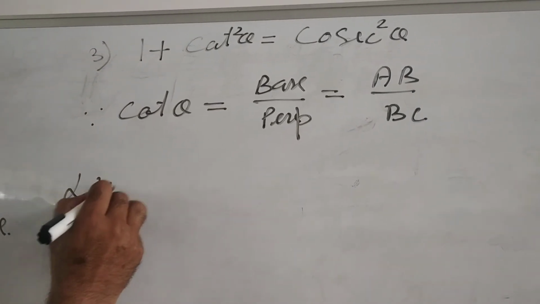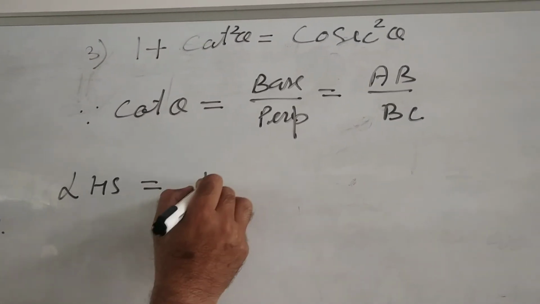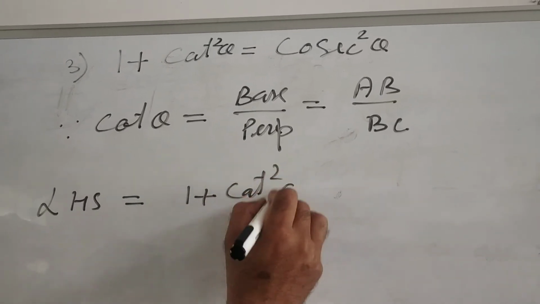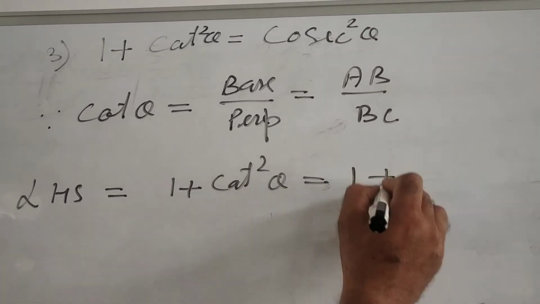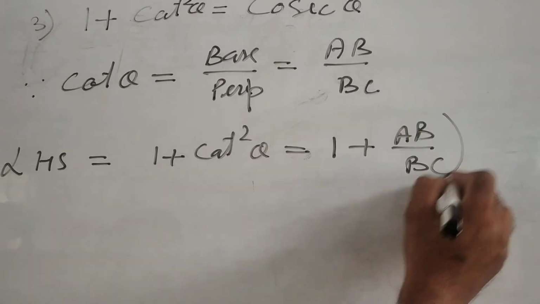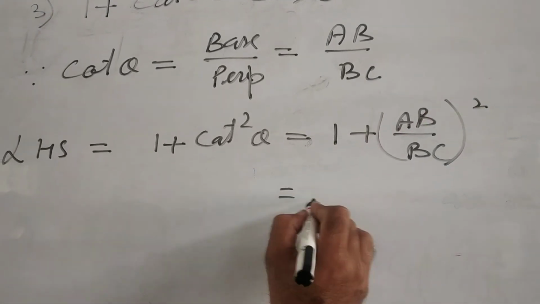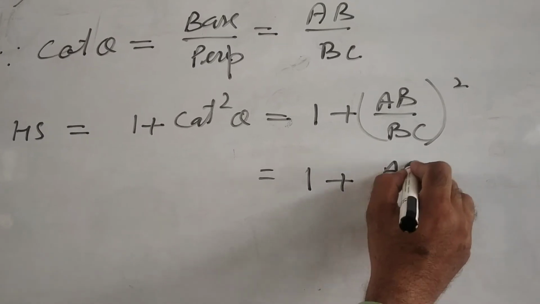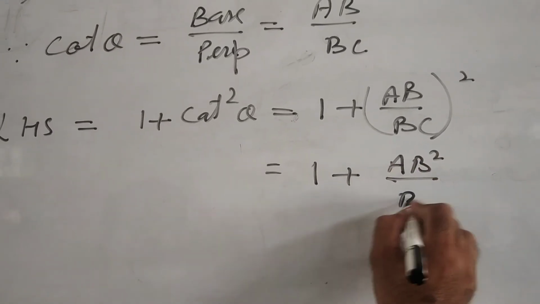Now take the left hand side, which is equal to 1 plus cot square theta, which is equal to 1 plus AB over BC whole square, which is equal to 1 plus AB square over BC square.